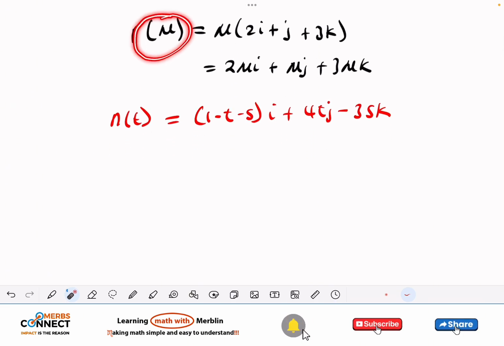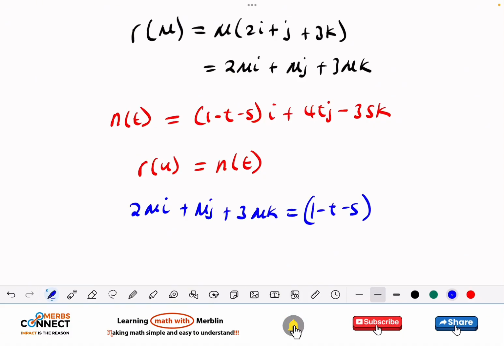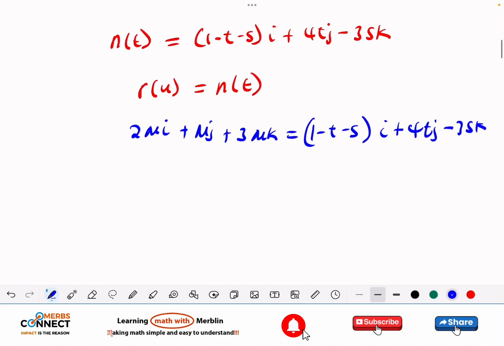I'm going to equate this one to this. So for intersection, this should be the same as this. So I'm going to have 2 mu i plus mu j plus 3 mu k, which is equal to 1 minus t minus s i plus 4t j minus 3s k. So what we are going to do here is compare directions.